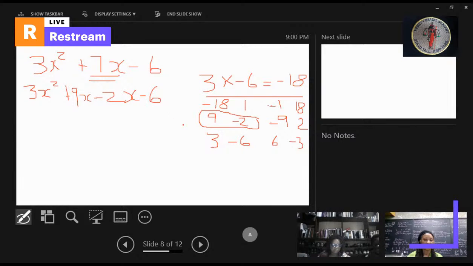And then we're going to put it in bracket form. 3x squared and 9x, we would use 3x. Then 3x into 3x squared gives, no, do this first, John.